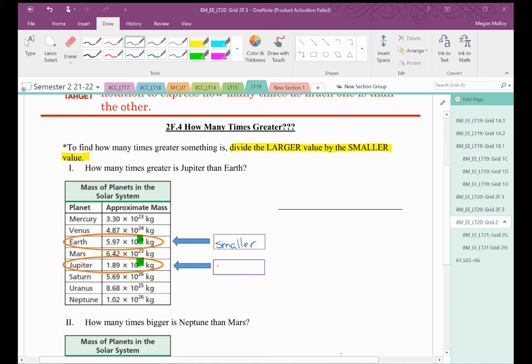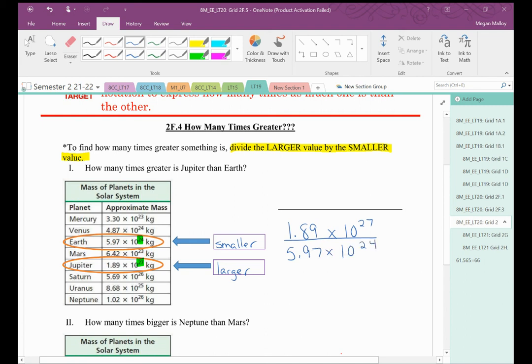Let's just change greater to larger. So to find out how many times larger Jupiter is than Earth, I am going to take the value of the larger planet, 1.89 times 10 to the 27th, and I'm going to divide it by Earth's mass, 5.97 times 10 to the 24th.